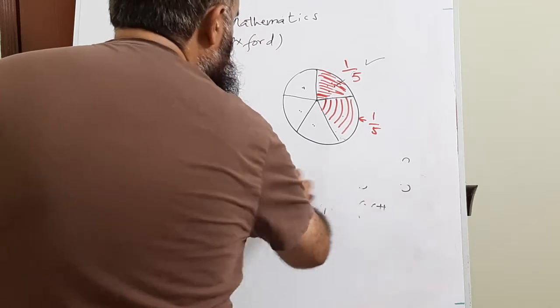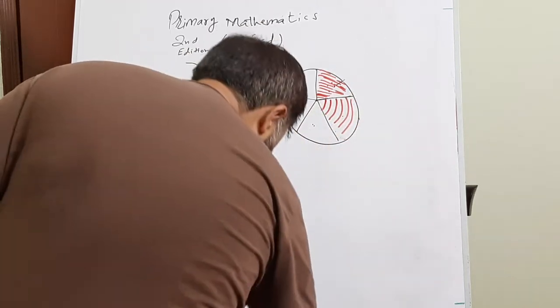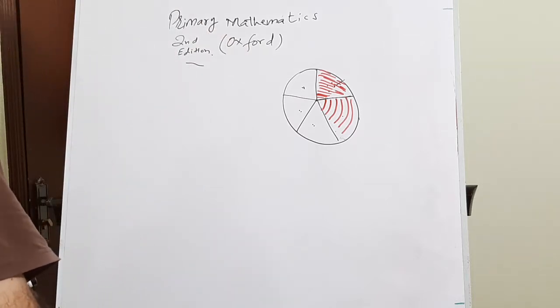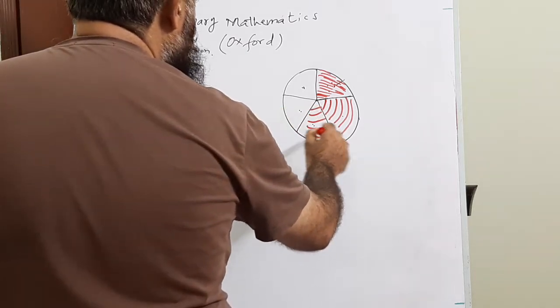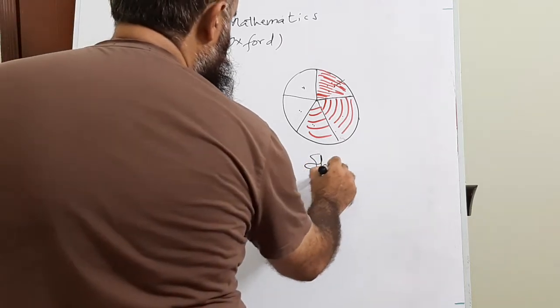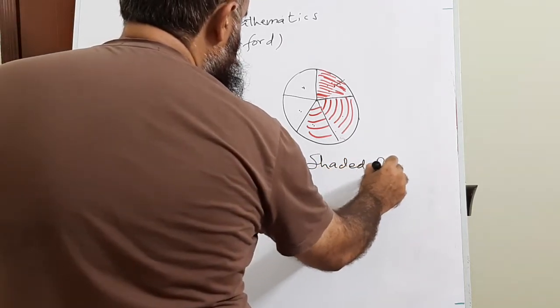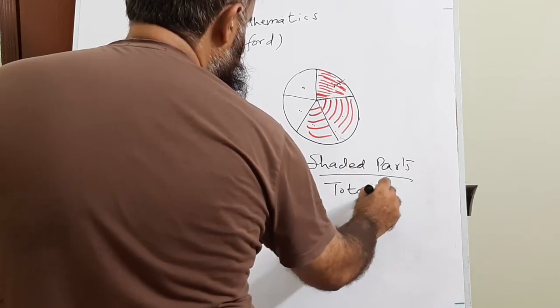Now we see that the third circle also has 5 parts, and out of these 3 parts are shaded. So we say shaded parts over total parts.